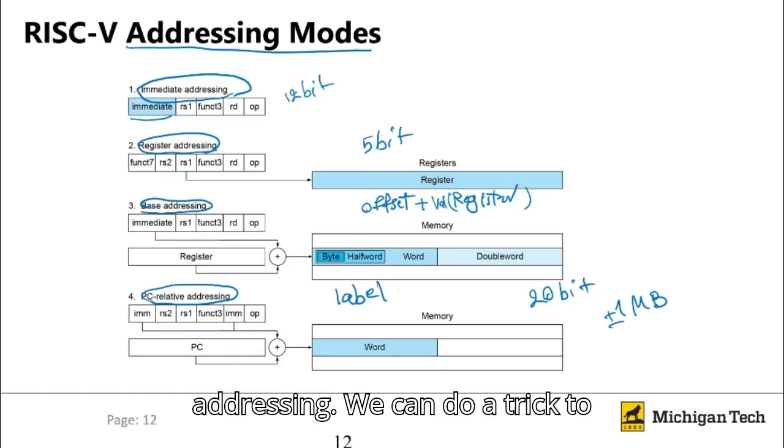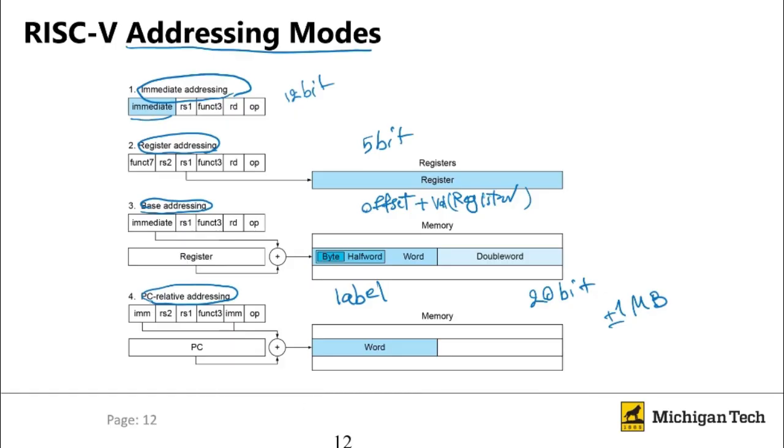We can do a trick to do PC relative to make it jump more. That we saw using a combination of load upper immediate, and branch and jump, branch and link return.